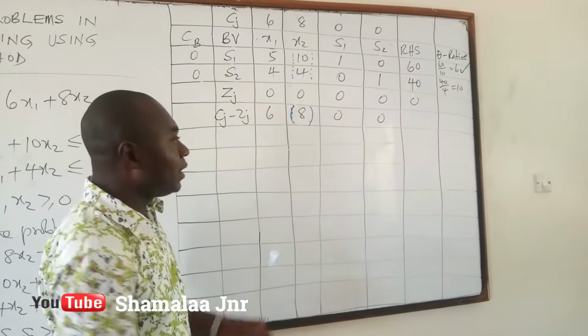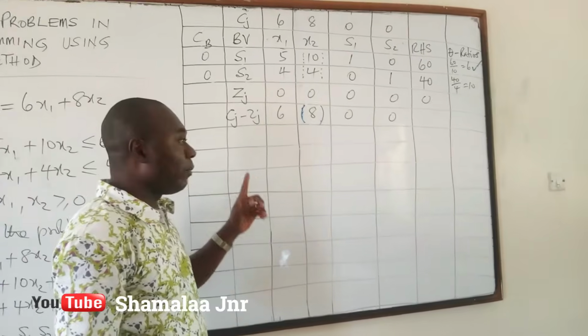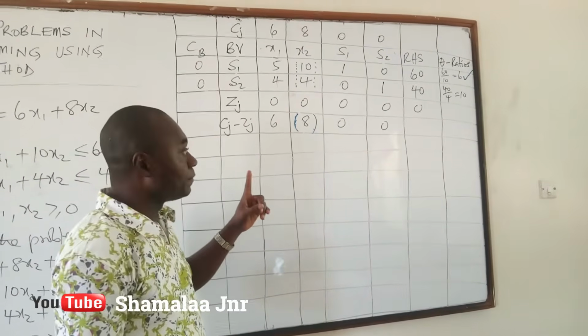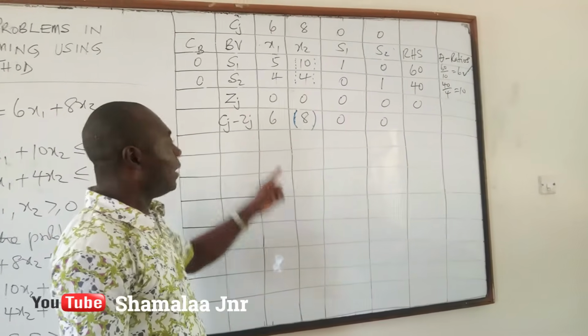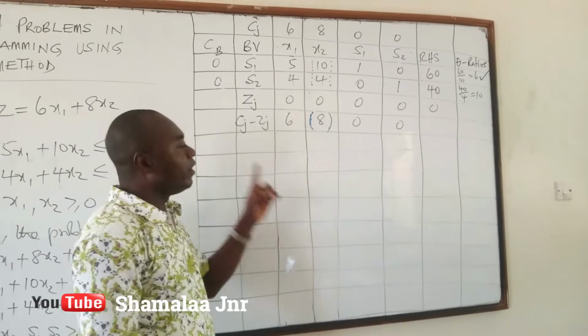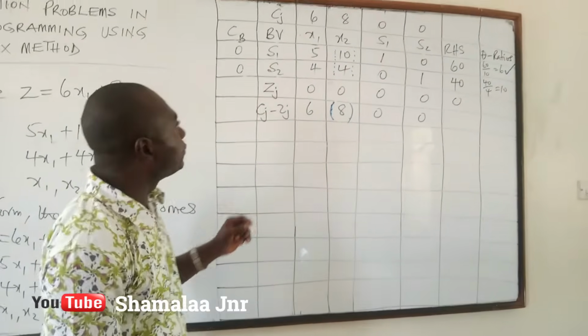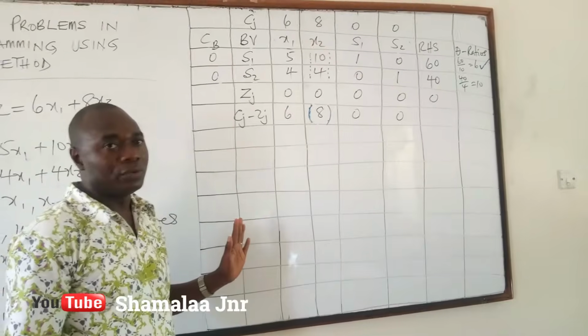So we can say that for maximization problems, an entering variable is a non-basic variable with a maximum Cj minus Zj value, and a leaving variable is a basic variable with a minimum theta ratio.